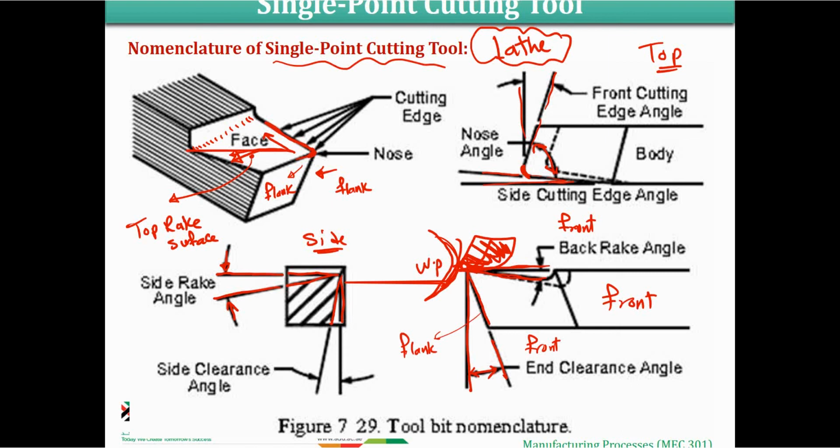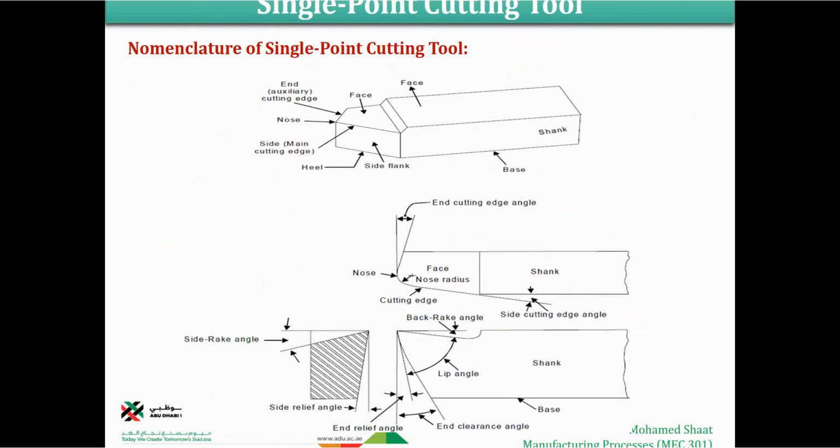But the important angles, as I mentioned, are the front rake angle, the clearance angle, the side rake angle, and the side clearance angle. So again, the rake angles are used for the easy removal of the chip. The clearance angles are used for eliminating the friction between the tool and the workpiece and allow for the heat dissipation by applying the cutting fluid to the workpiece.